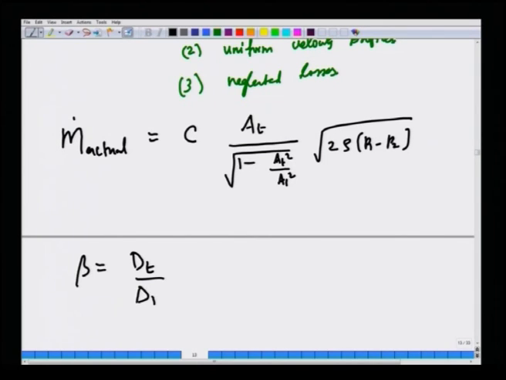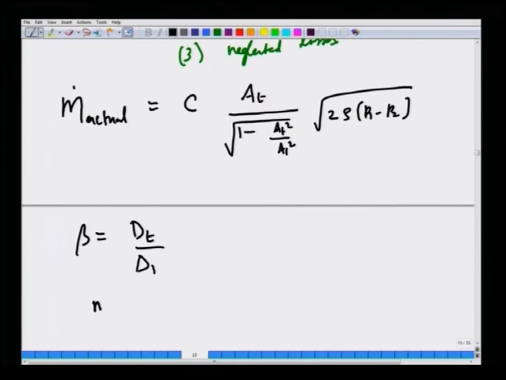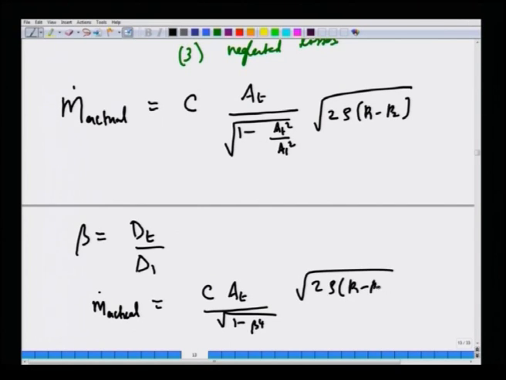So, if I do that, then the actual flow rate will be some C times At divided by square root of 1 minus beta to the 4, times square root of 2 rho (P1 minus P2). Now, this is called the discharge coefficient. It is completely non-dimensional.